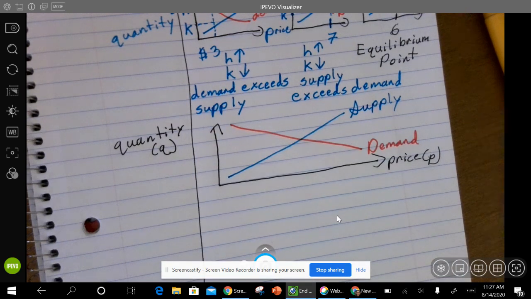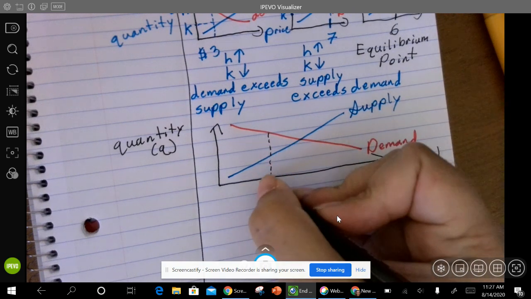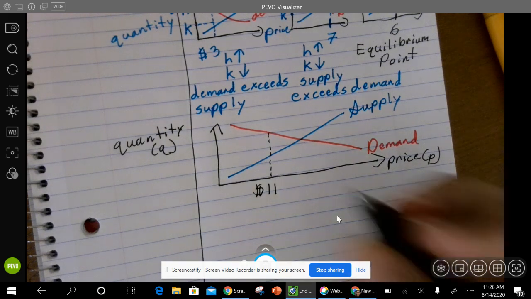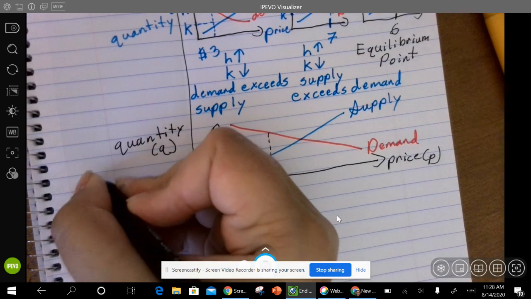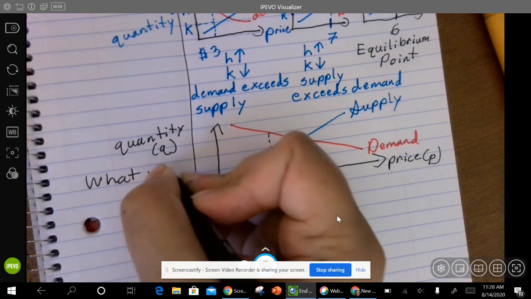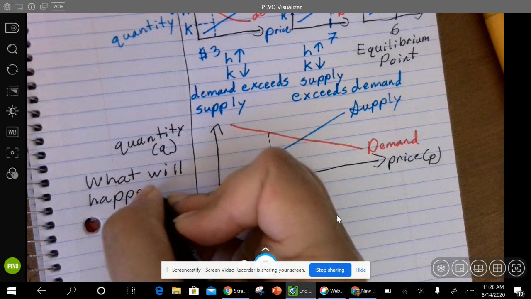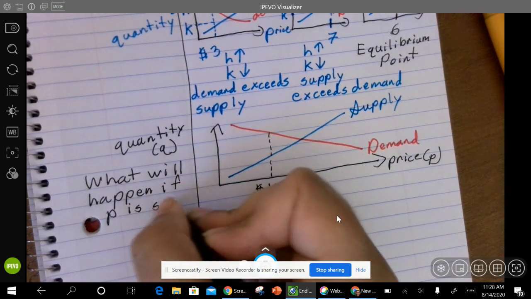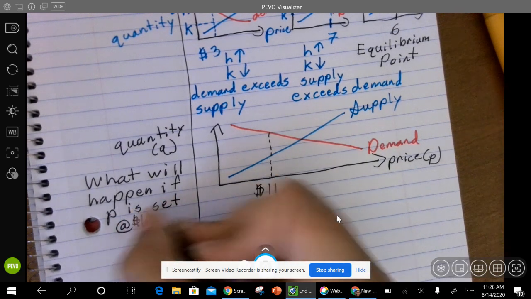Okay, so let's look at everybody. So what if the price was set at $11? Okay, so if it is at $11, everybody, we want to know what will happen. So what will happen if the price is set at $11?